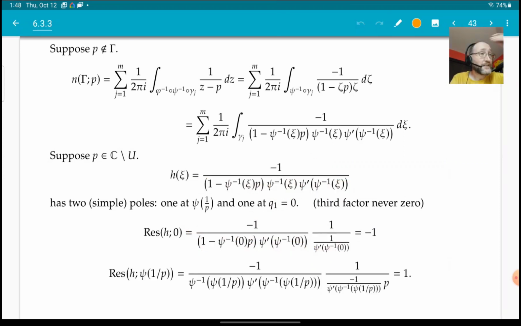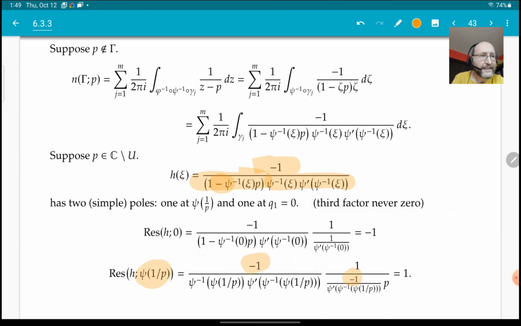Now we look at the other pole, right? So the pole at phi of 1/p, right? So we do the same thing, except now, this thing is in the numerator and this thing is in the denominator. It's a little bit more complicated. When we differentiate, this minus sign comes out here, right? Otherwise, it's very similar. We have this thing evaluated at 1/p.